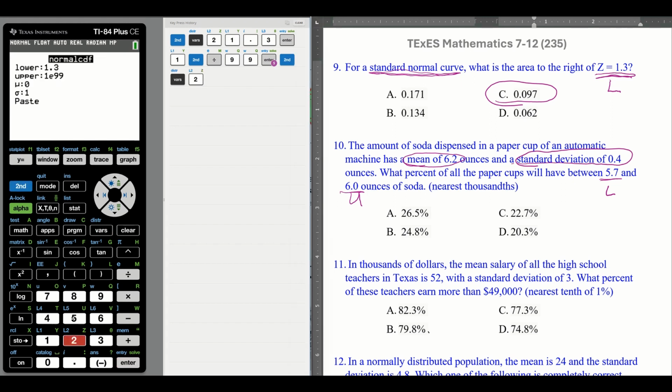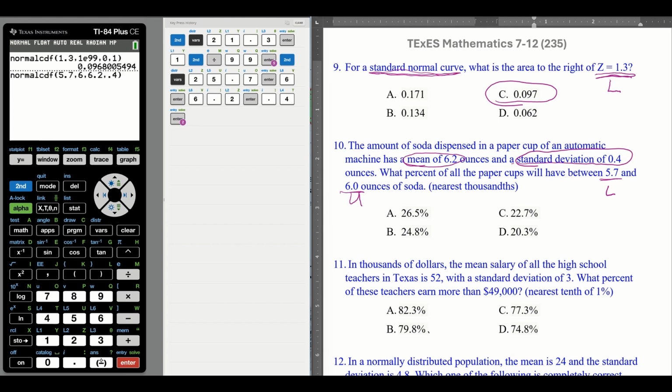Okay, lower bound, 5.7, enter, upper bound, just plain old 6. And our mean, they gave us 6.2. Standard deviation, 0.4. Okay, enter, enter, enter. Okay, we had some rounding again. And they tell us to round, but we can see that from all of our options here.